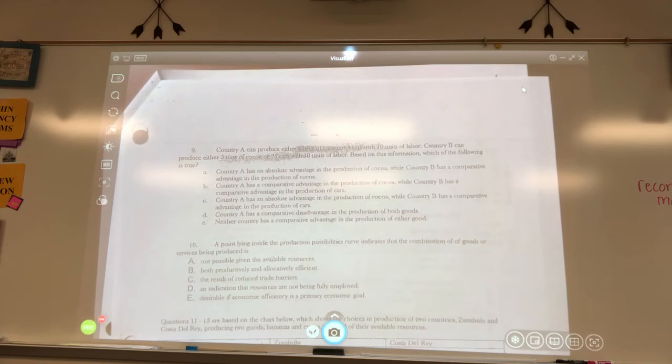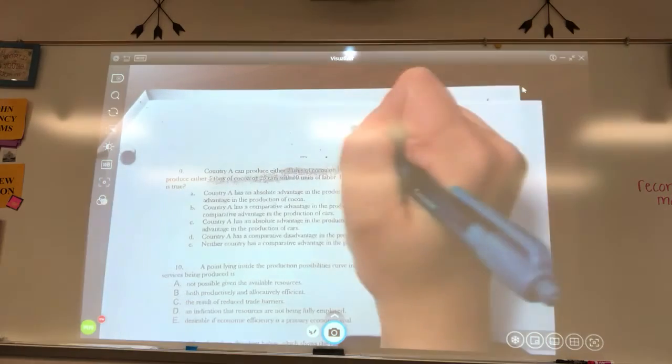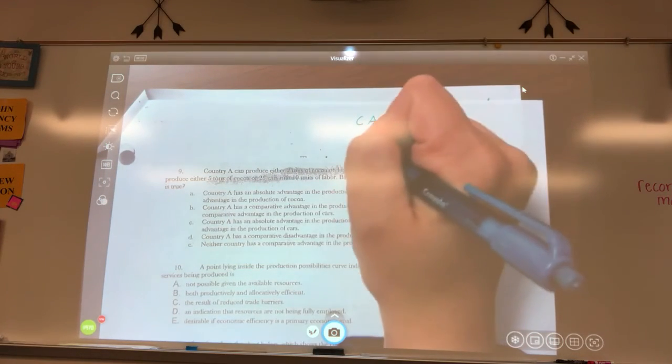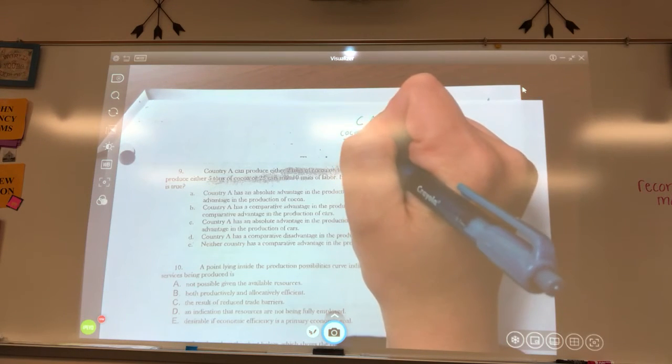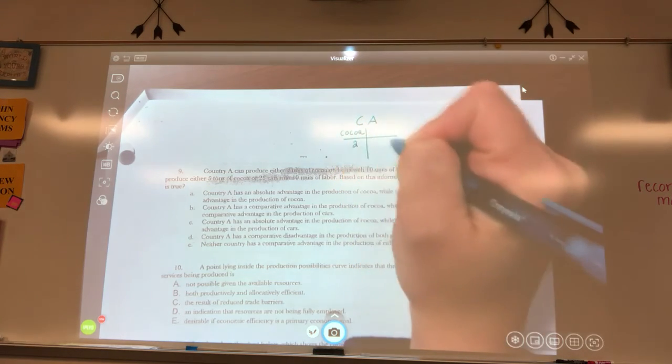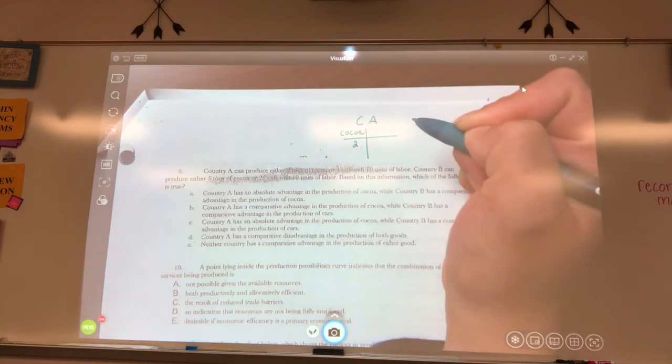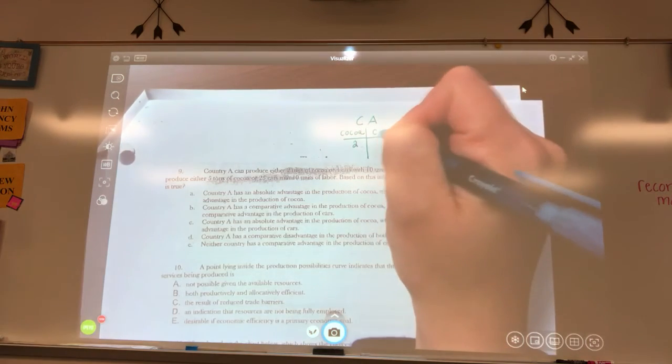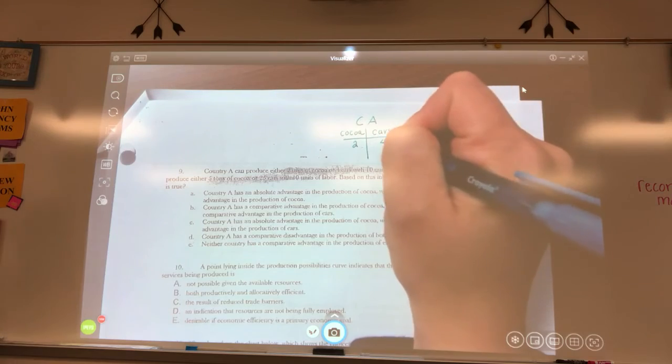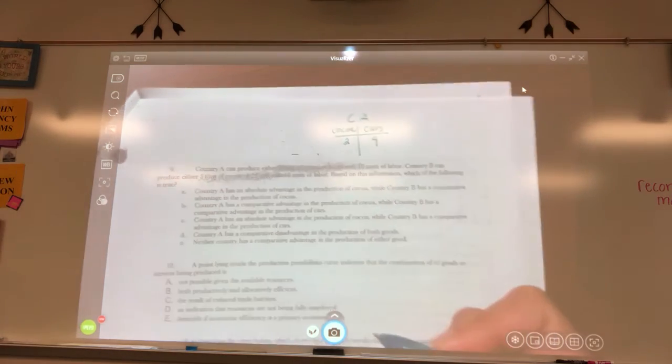Okay. I have 16 questions and let's see if we can get this done in the next 13 minutes. Country A can produce either 2 tons of cocoa or 4 cars with 10 units of labor.